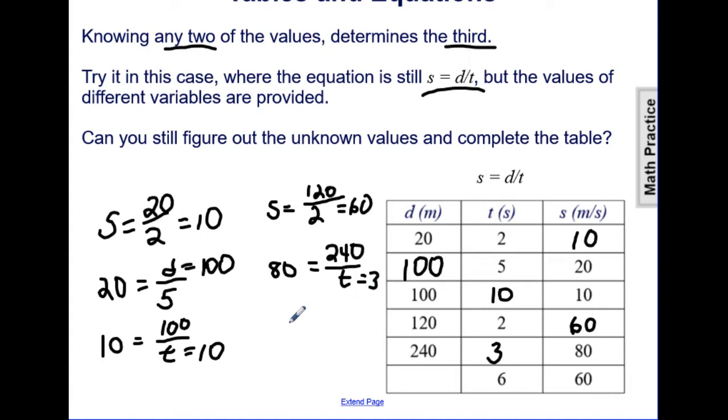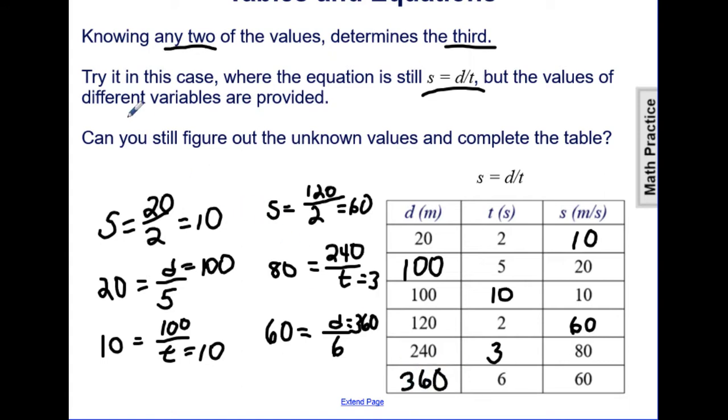And finally, we're not given the distance, but we're given the speed is 60, equals some distance divided by 6. So we have to think what number divided by 6 would give us 60, which would be 360. So 360 meters.